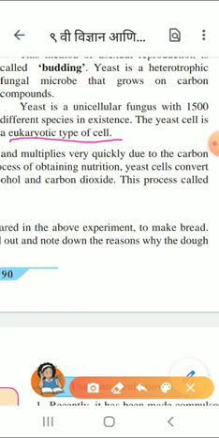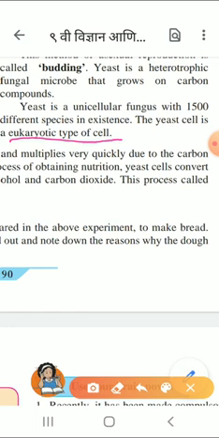Now, in this activity or experiment, we have seen that yeast grows and multiplies very quickly. Why does it grow and multiply very quickly? Because of the carbon compounds present in the sugar solution. That is why we did this activity to see the budding in the yeast.